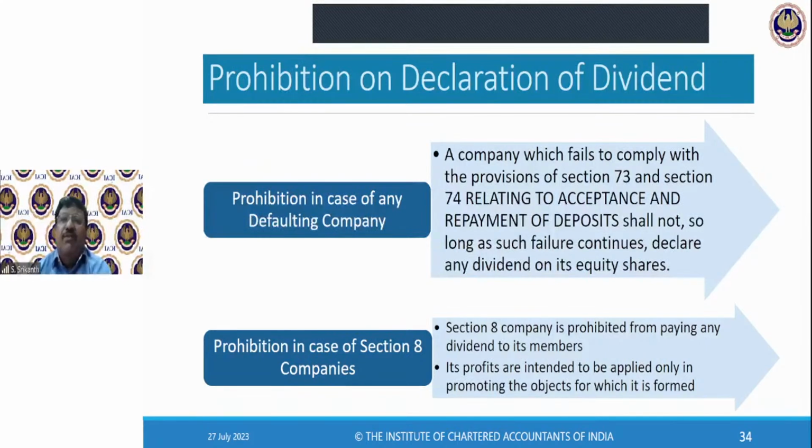A company which fails to comply with the provisions of section 73 and 74 relating to acceptance and repayment of deposits. You remember when we spoke about deposits, I kept on telling you, non-repayment of deposit and non-payment of interest on deposit is a danger.